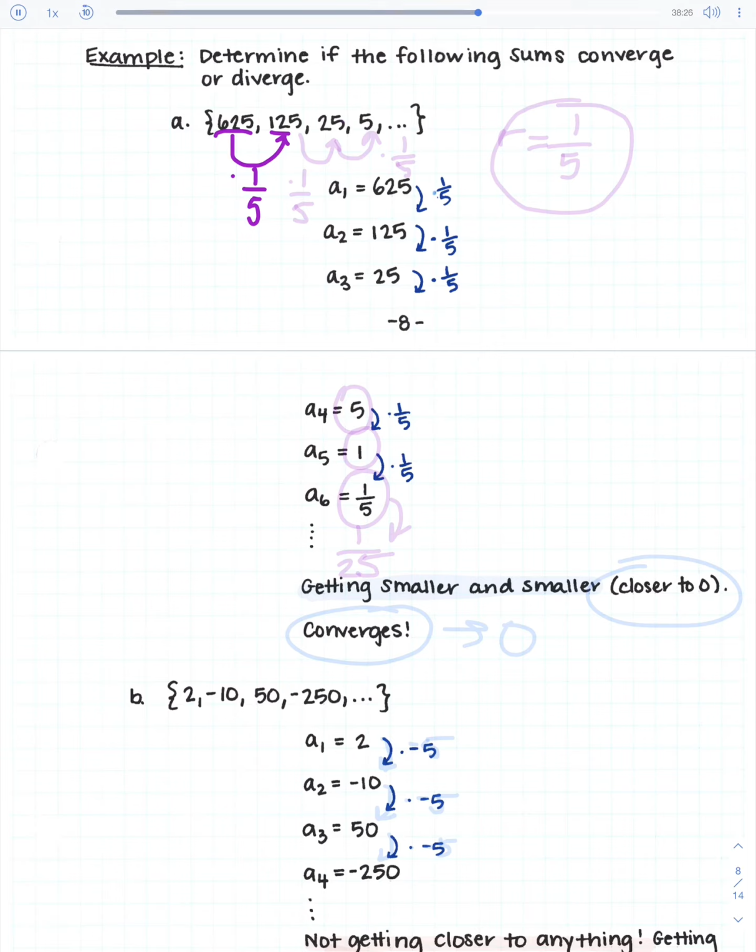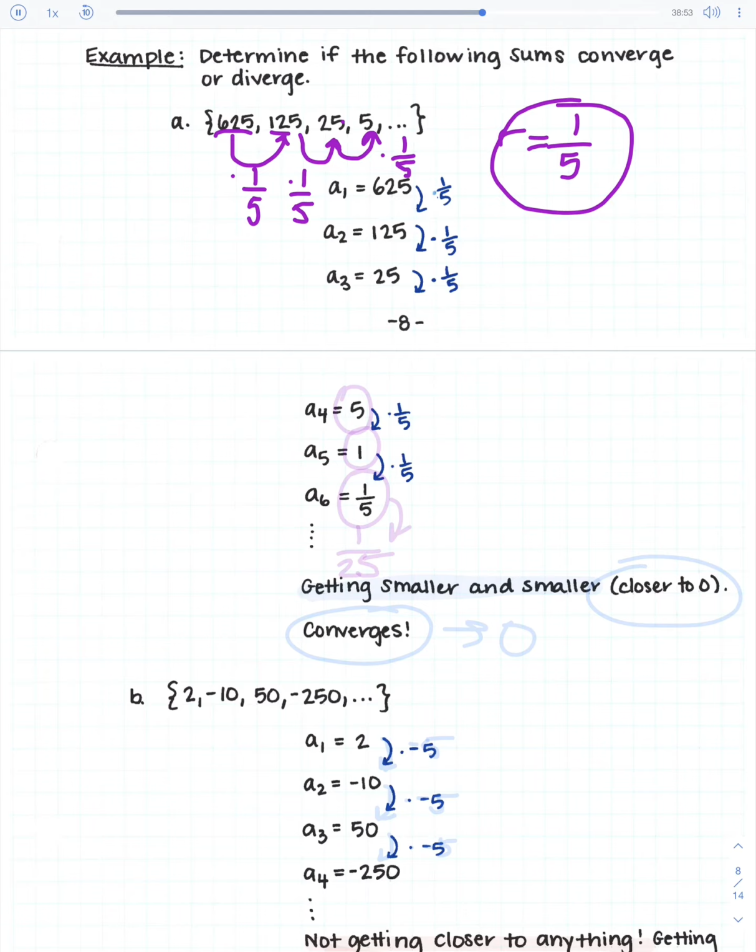That gets confirmed when you look at how to get from 125 to 25: you're definitely dividing by 5, which means you're multiplying by 1/5. Same thing with how you got from 25 to 5. You're again dividing by 5 or multiplying by 1/5. That means your common ratio is 1/5.